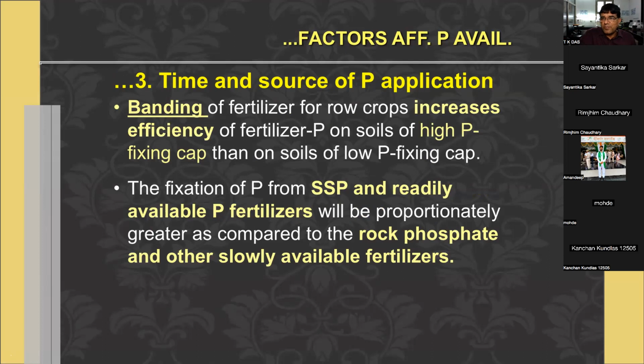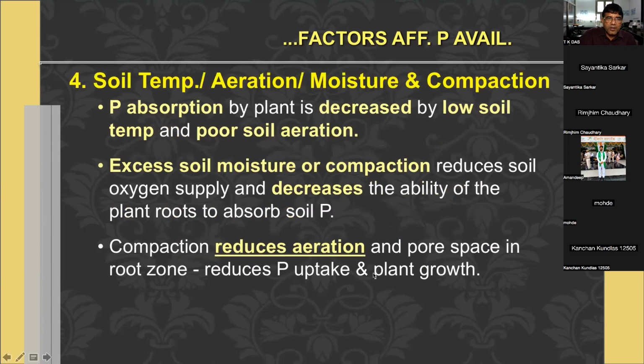It reduces the fixation, increases the availability. Fixation of phosphorus from SSP and readily available P fertilizer will be proportionately greater as compared to rock phosphate. I discussed some other day also that soluble phosphatic fertilizer should be placed in bands as narrow as possible in the soil, and rock phosphate should be broadcast applied.